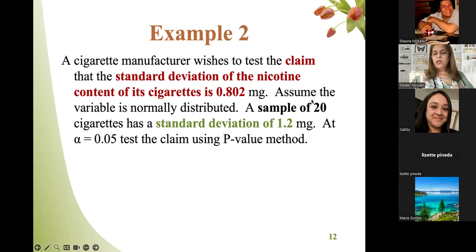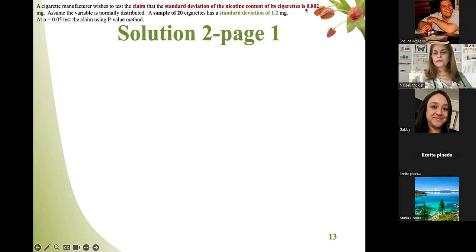What is 20? My sample size. What is 1.2? Since it's in the same sentence as the sample size, it's going to be a sample measure. Which measure? Standard deviation, S. S is 1.2, n is 20, alpha is 0.05. Parameter, standard deviation.